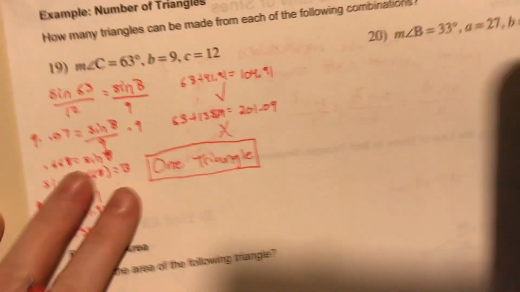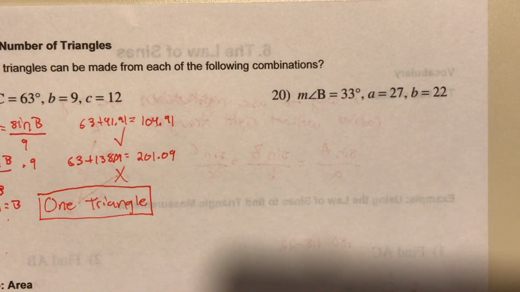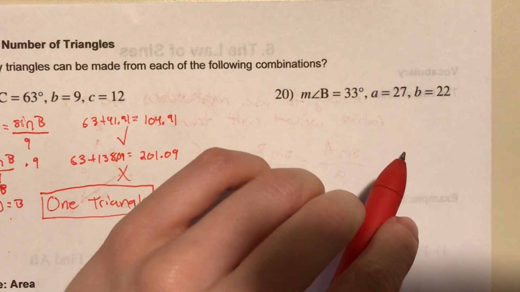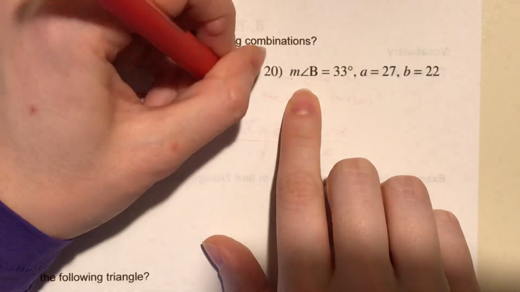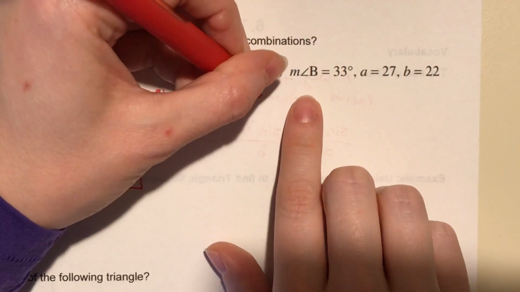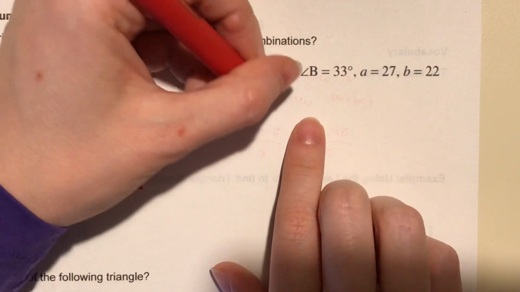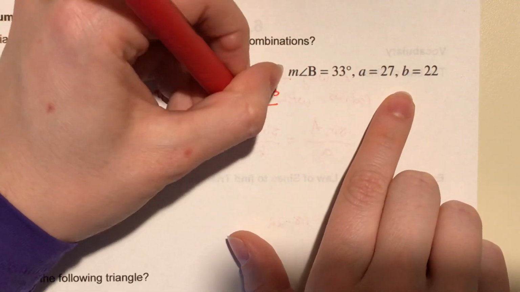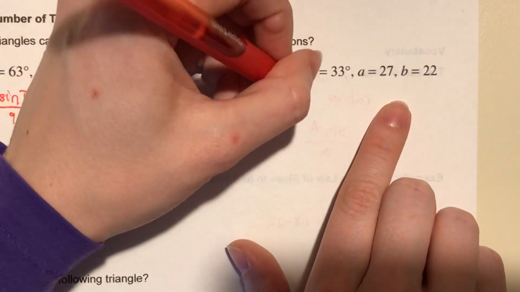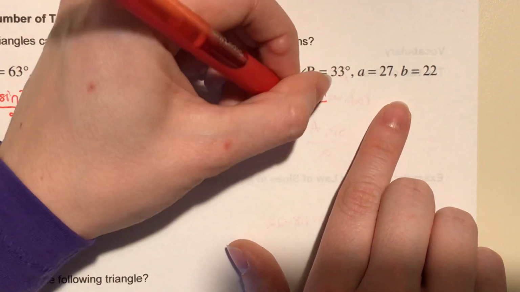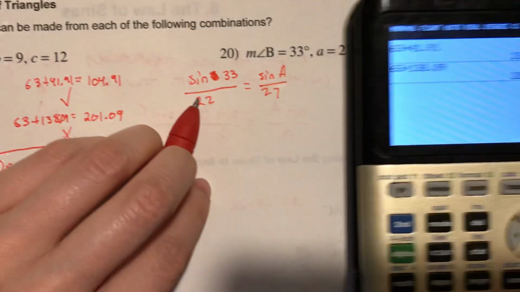So in the other one, we've got the measure of angle B, we've got A, and we've got B. So we'll put them together with the law of sines, and we'll say the sine of B, or the sine of 33, over 22 rather, is equal to the sine of A over 27, and we'll solve this.